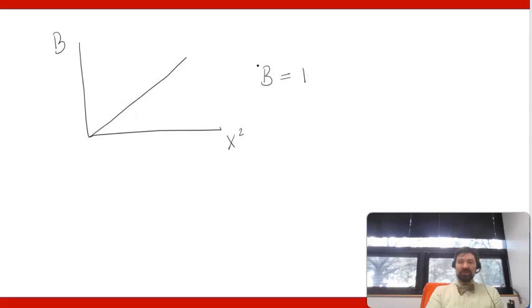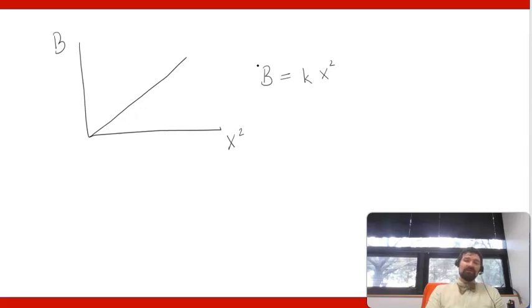But functional relationship-wise, if I made a plot of magnetic field strength, which we use a B for, versus some variable, let's say we're using x squared as our variable, and the result is a straight line, then B is equal to some constant, I'll use a K for constant, I know the constant starts with a C, but we use a K for constant, times x squared. That's essentially the rationale here.